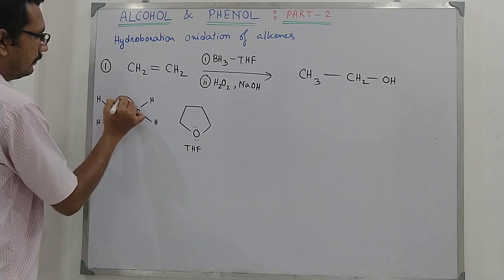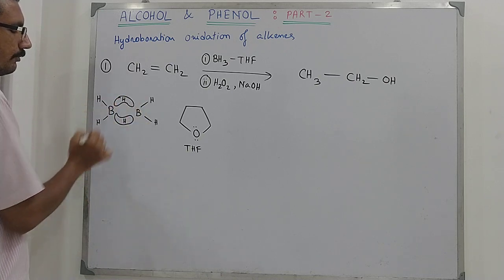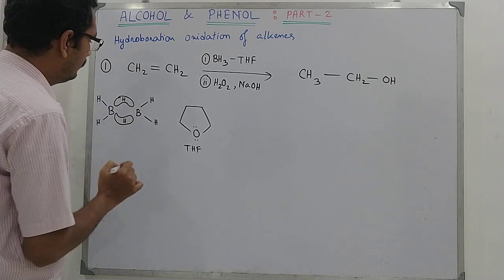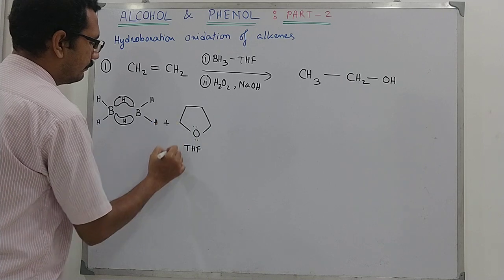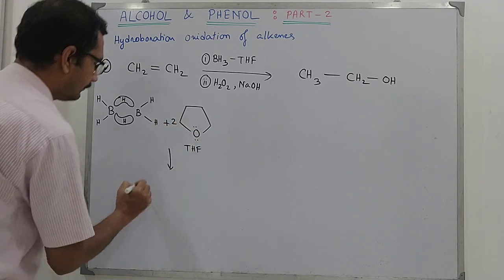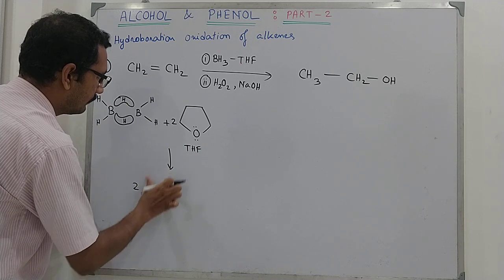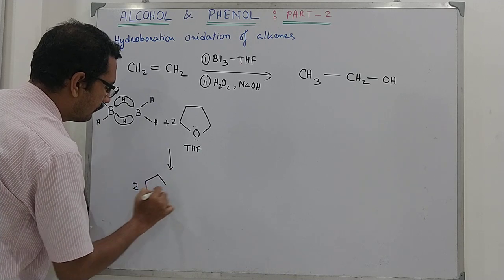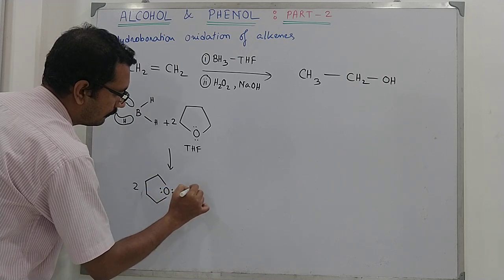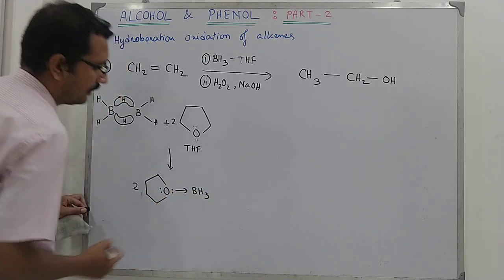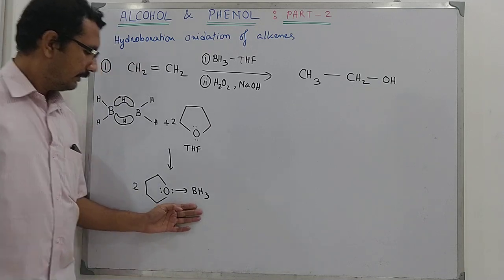It has a 3-center 2-electron bond called the banana bond, and when it comes in contact with this THF, we get this coordinate complex.